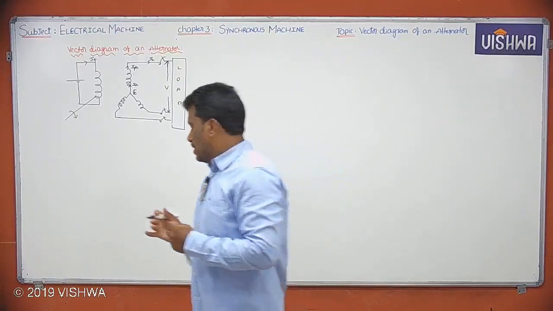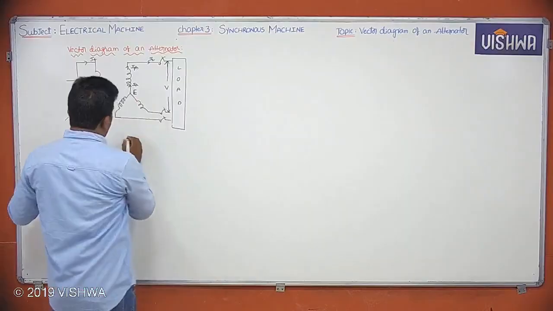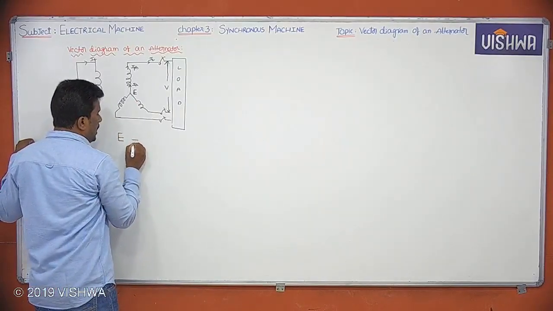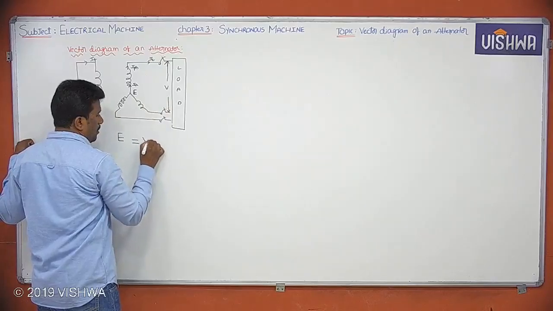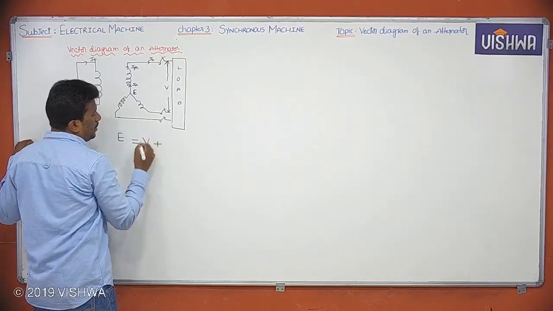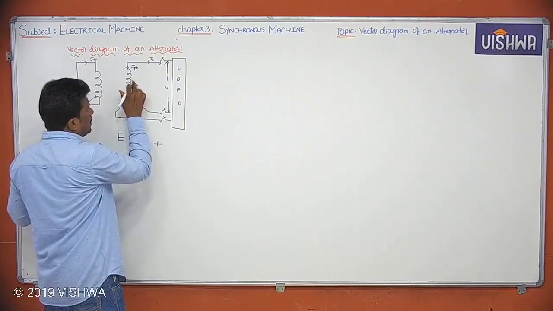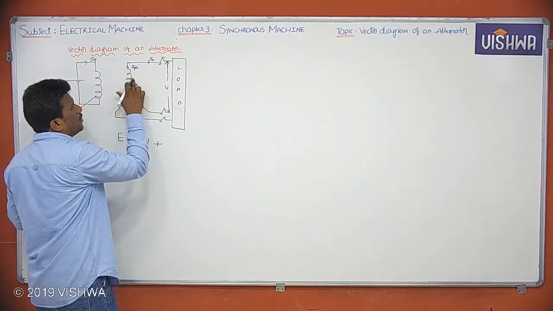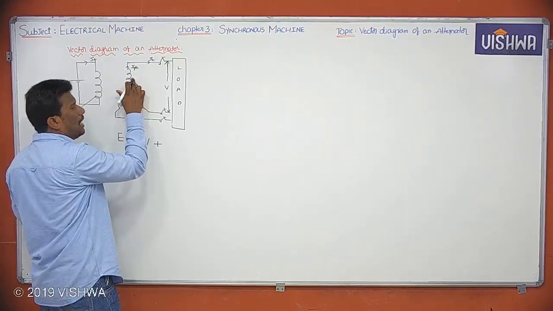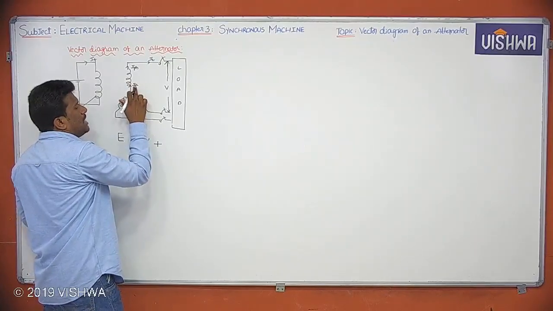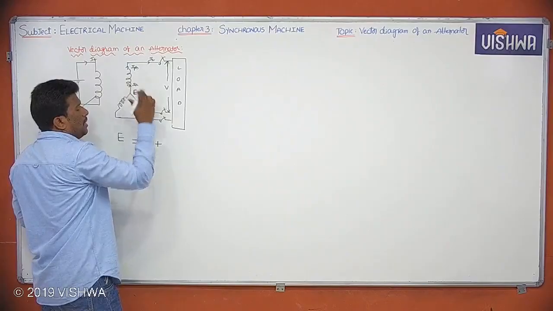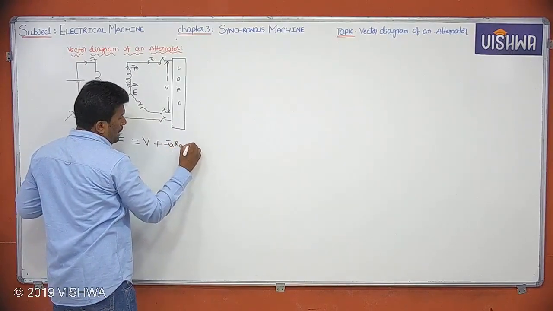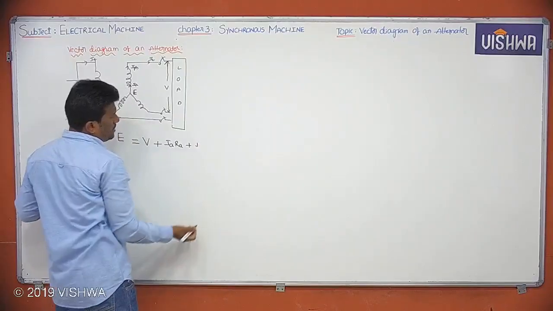So see, whatever EMF is induced in the alternator, that E ideally is equal to V, but practically so many drops will be there. What are those drops? Whenever armature current is flowing, the armature winding will have some resistance RA. So whenever this IA is flowing in the armature winding, an IA RA drop will come into picture, and because of leakage flux there will be some drop.